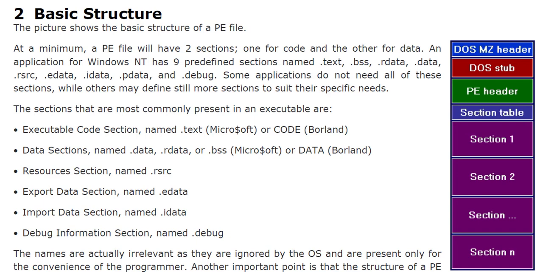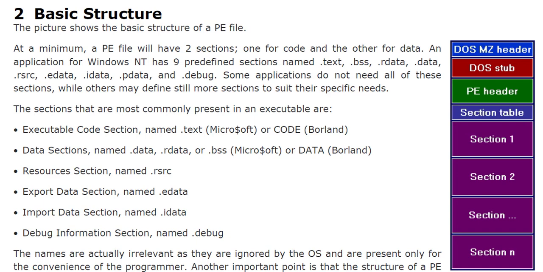The section table being our array of structures that will define for us where the various sections are going to be located. Everything in the PE file format is extremely highly ordered, highly structured. It's not just a random assortment of instructions.